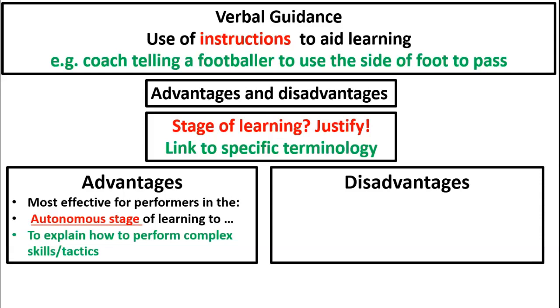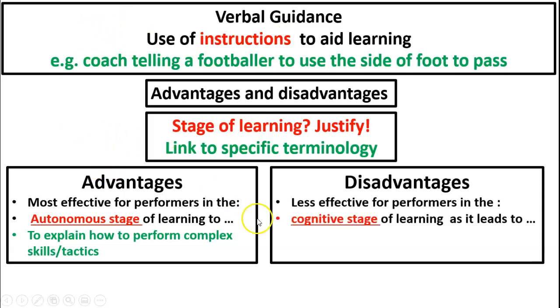The disadvantages, then, if we look at what is not so good about this: verbal guidance can be less effective for performers in the cognitive stage of learning. And the reason is, when you're starting to learn a skill, if too much information is given to a cognitive stage learner, and they're told five or six coaching points at the same time, this can lead to something where your brain cannot process all of the verbal information that is coming in.